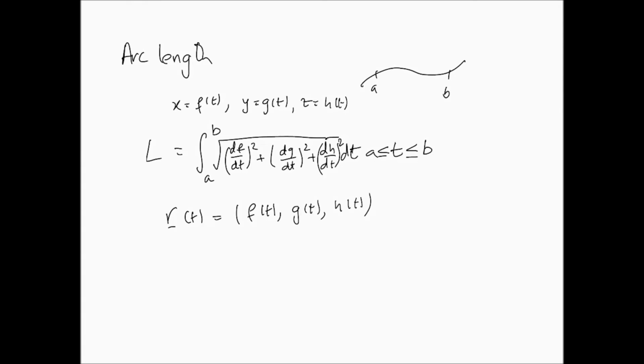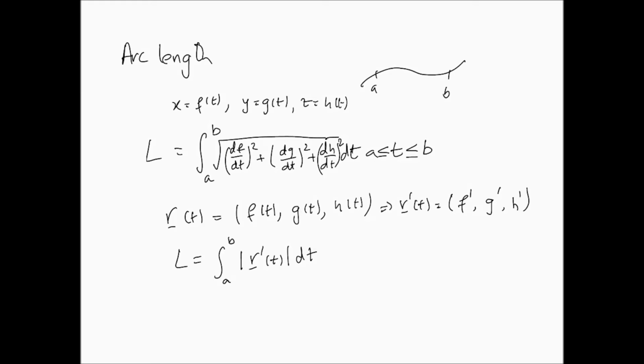Now if you look at it, what we're saying is that L can in fact be written as, from A to B, the magnitude of r'(t). Because if you think about it, this implies that r'(t) is in fact f', g', and of course h', in short, just dropping those t's.